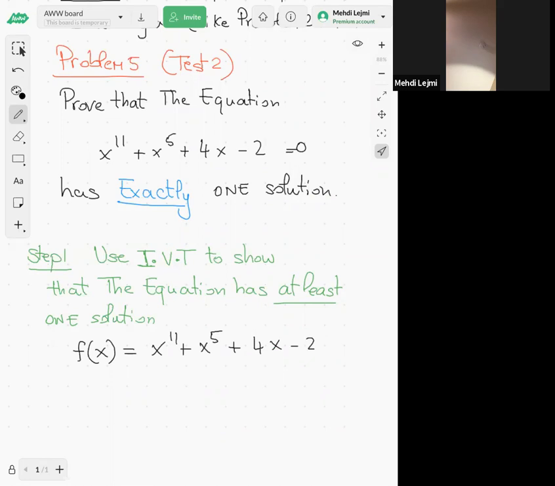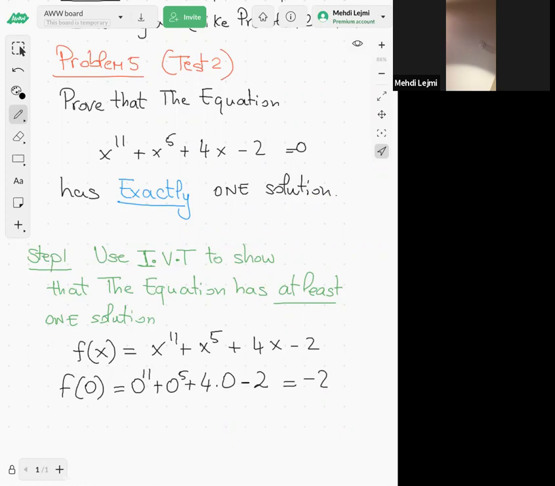Let's pick very simple numbers, you don't have to think about it a lot. Just pick, for example, 0. If you evaluate f of 0, it's 0 to the power 11, 0 to the power 5, plus 4 times 0, so everything is 0 except the minus 2. So f of 0 is negative 2.